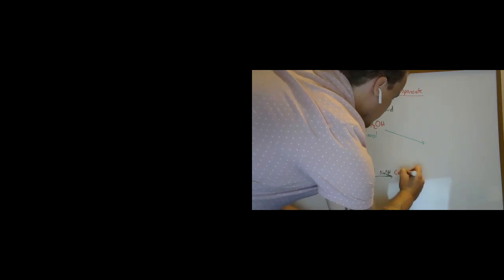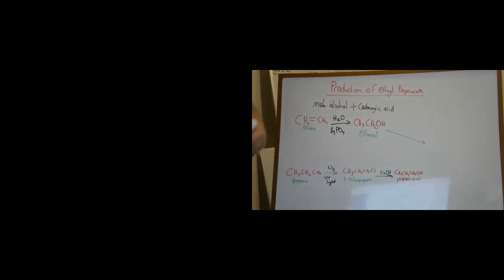So we produce an alcohol. So CH3CH2CH2OH, or propan-1-ol, with the OH attached to the first carbon. It's only attached directly to one carbon.